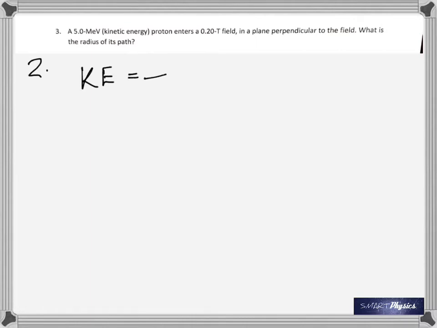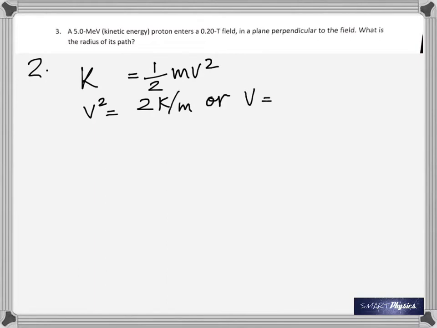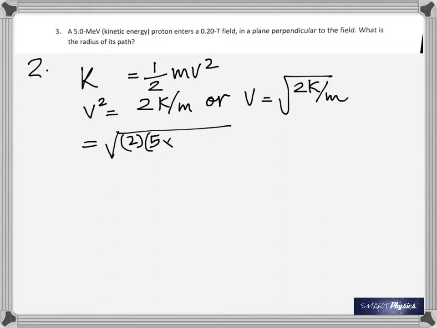Now, kinetic energy is of course 1/2 mv squared. So if you rearrange that, you're going to get velocity squared is 2K by m, or velocity is square root of that. But kinetic energy has to be in joules. Here it's given in mega electron volts, and a mega is 10 to the 6.